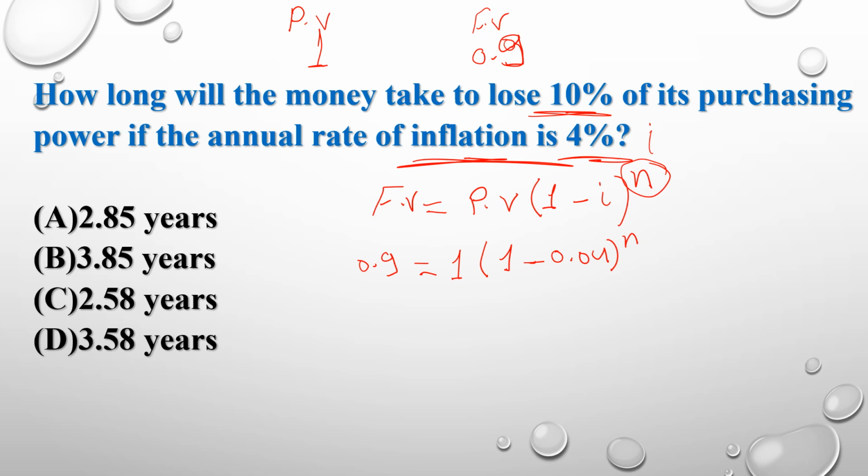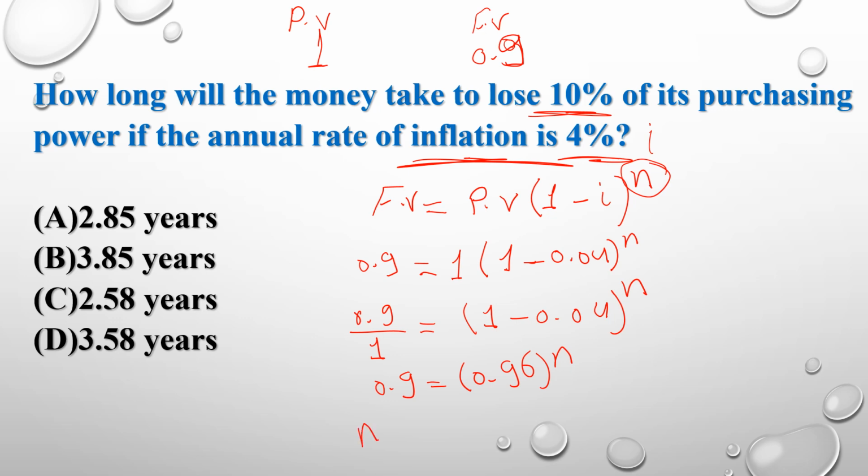So 0.9 over 1 equals (1 minus 0.04) power n. So 0.9 equals 0.96 power n.